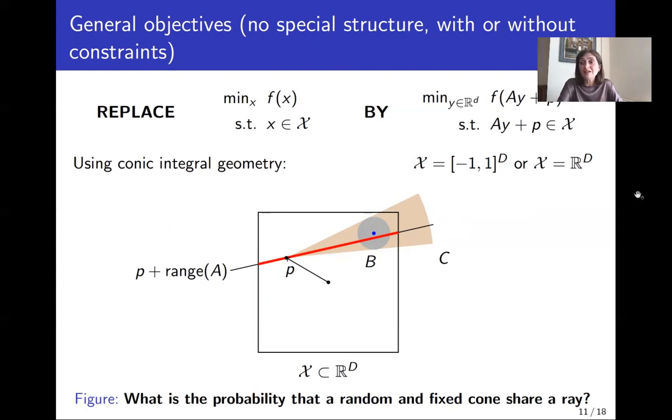Indeed, in this context, we were able to think of these frameworks of random projections where we allow either unconstrained problems or constrained over a box and multiple random embeddings. We were able to think about this for general objectives as well, not just for special structure. In particular, we were able to quantify the probability of success of a reduced problem in this multidimensional version of random search.